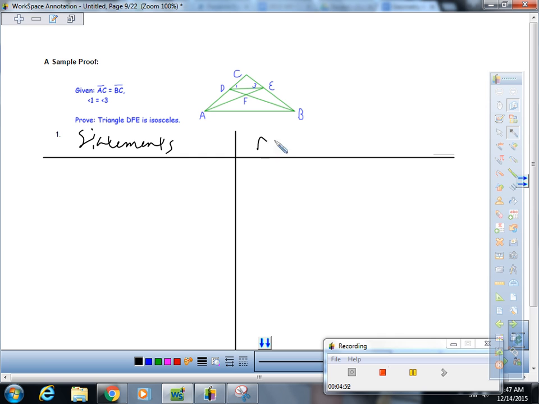Okay, so let me list the givens. We have AC is congruent to BC, and angle 1 is congruent to angle 3.